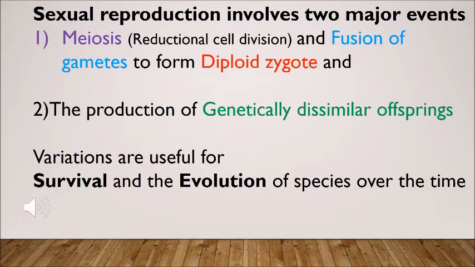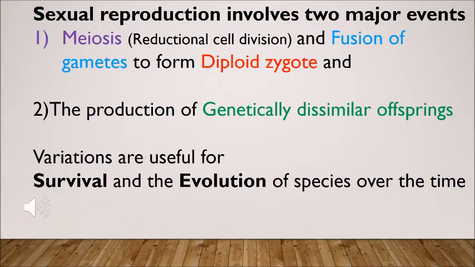The fusion of these haploid cells results in the formation of a diploid zygote, and the production of genetically dissimilar offspring takes place, as there are two gametes over here in the sexual mode of reproduction, the male gamete and the female gamete. So obviously it will lead to variations in the offspring.